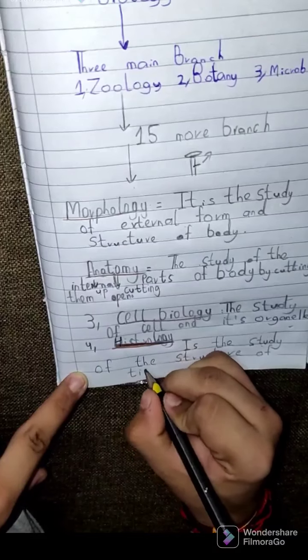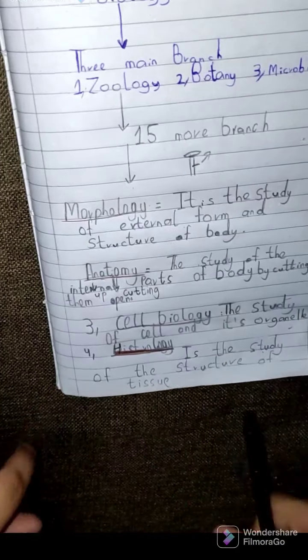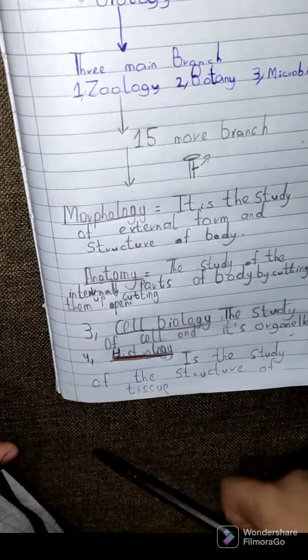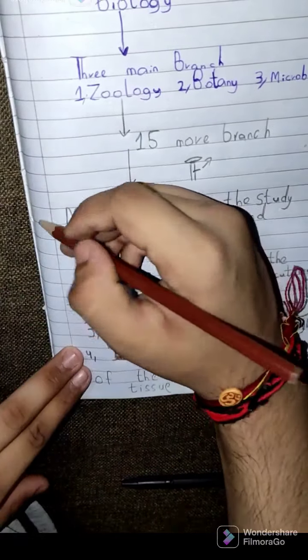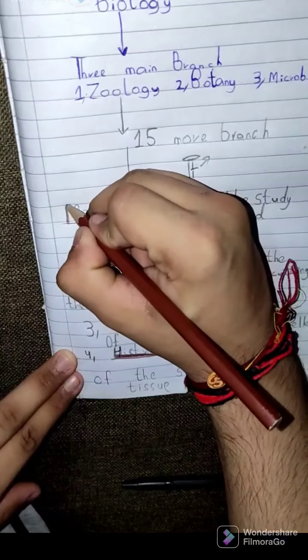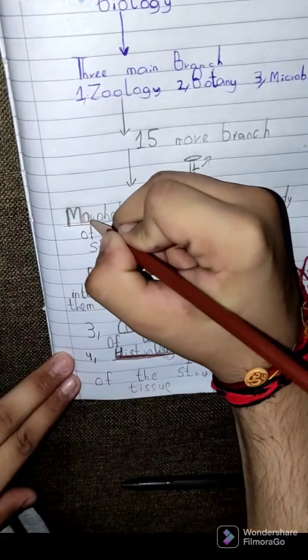So the branch name is histology. I'll also be telling you and doing the marking. Histology is a branch in which we study the structure of tissue.